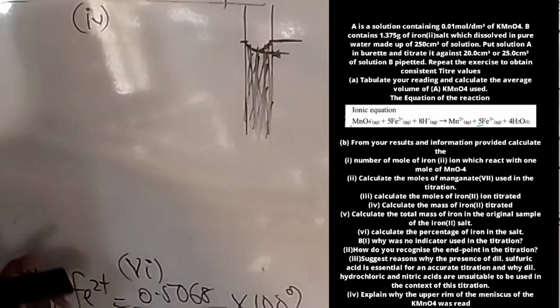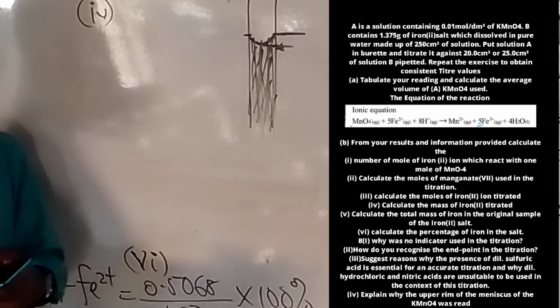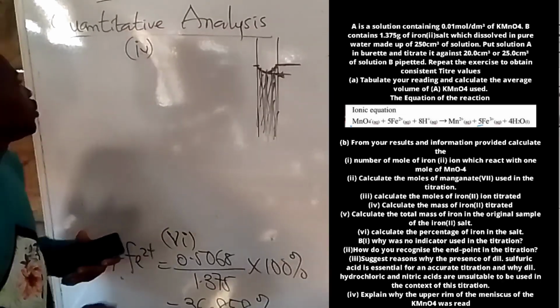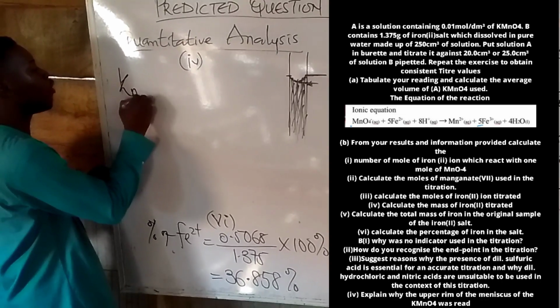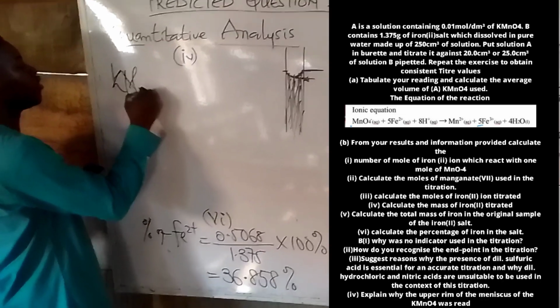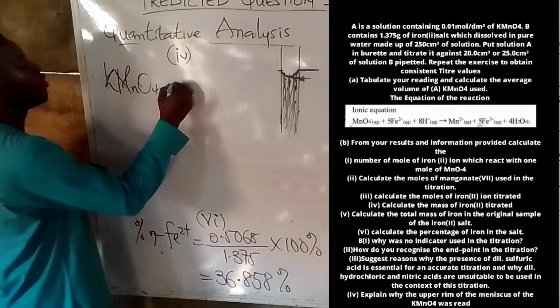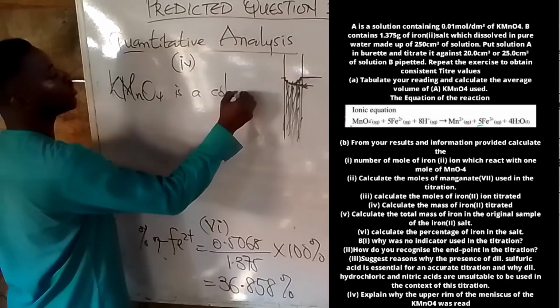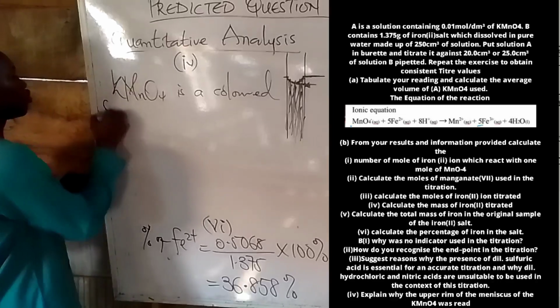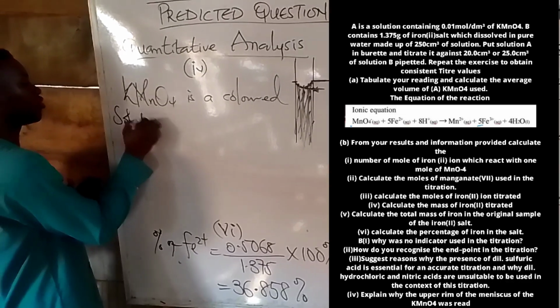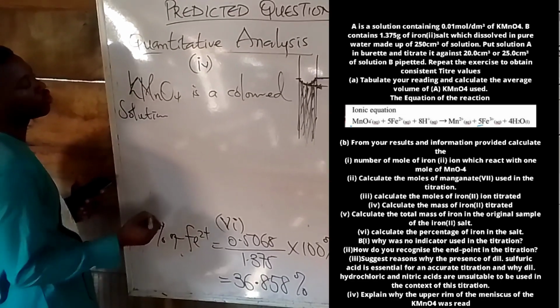Are you getting me now? If I were the one in the hall doing this, I would say KMnO4 is a colored solution.